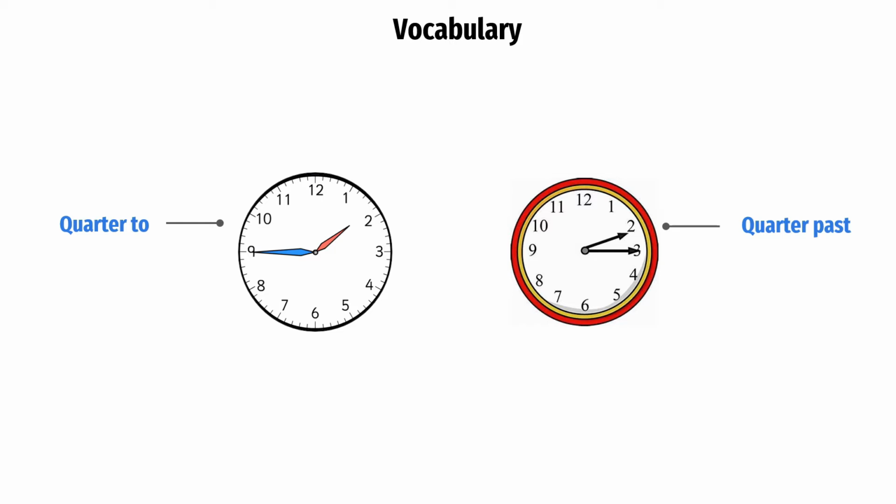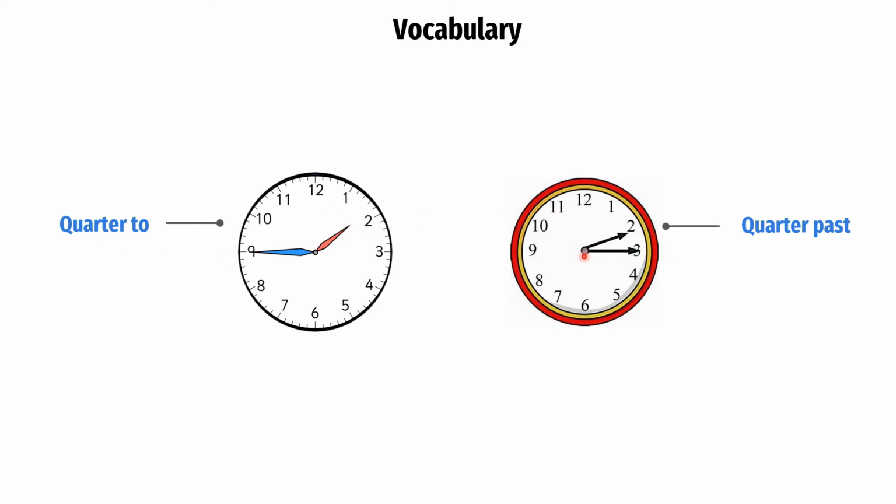In today's lesson, these are the two words that you would need to know, which is quarter to. Okay, if the long hand of the clock points to number 9 or the 45-minute mark, this is what we call quarter to, and it depends on the time here. If the short hand is pointed almost to 2, it will be quarter to 2.